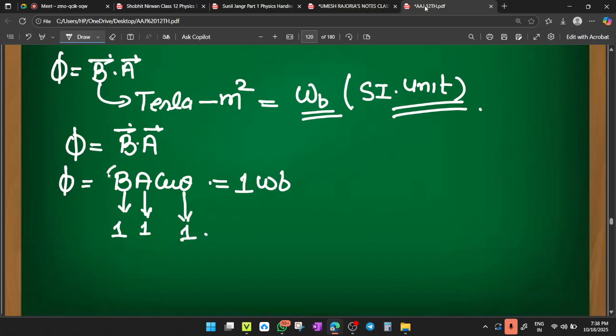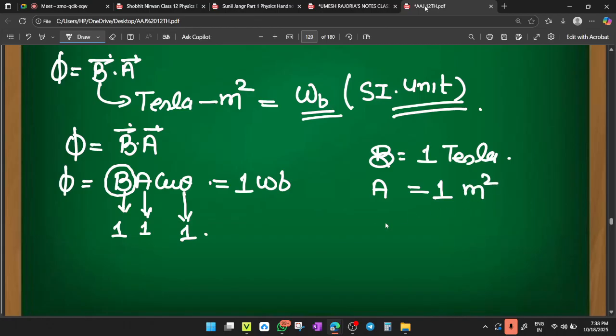If there is a magnetic field of 1 Tesla, then B equals 1 Tesla, and the area of the coil equals 1 meter square, and cos theta equals 1. But cos theta equals 1 when theta equals 0 degree.